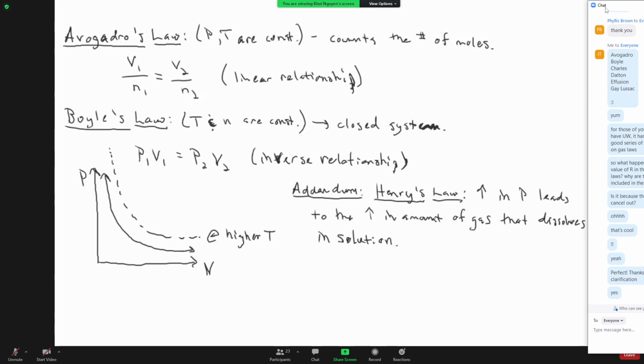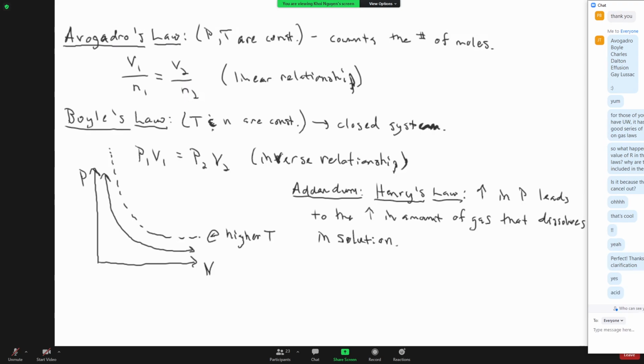Anytime we burn natural fossil fuels, we release carbon dioxide. As that pressure of carbon dioxide increases in the gas medium, it pushes down onto the ocean. Henry's law states that as we increase the pressure of the gas, the amount of gas that dissolves in solution increases. So what happens when carbon dioxide dissolves in water? It forms carbonic acid.